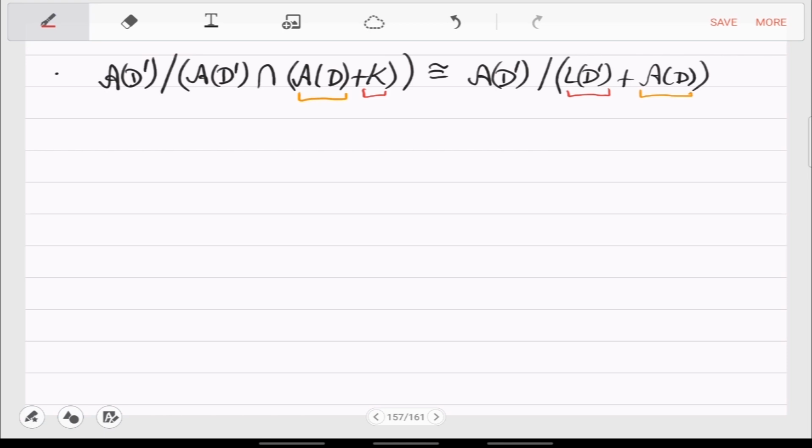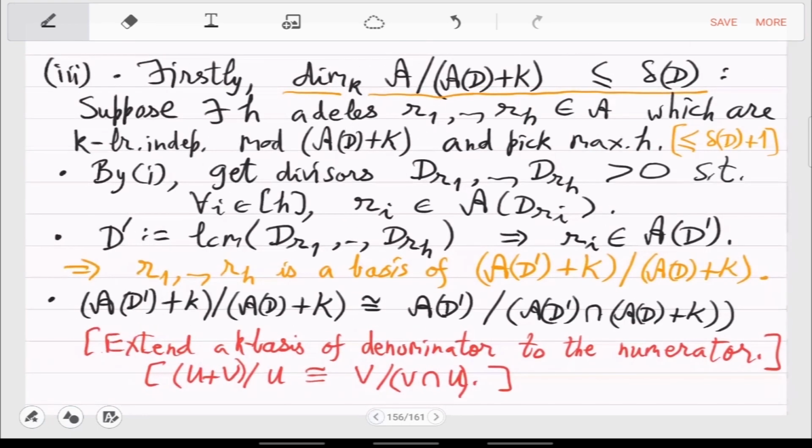Shouldn't this thing be the reciprocal? But go to the formula that you have written in the last page. U plus V by U is V by V intersection U, right? Yes. It's basically U is already present in both numerator and denominator, so U is kind of 0. So you have to use V modulo something, but something should be what?